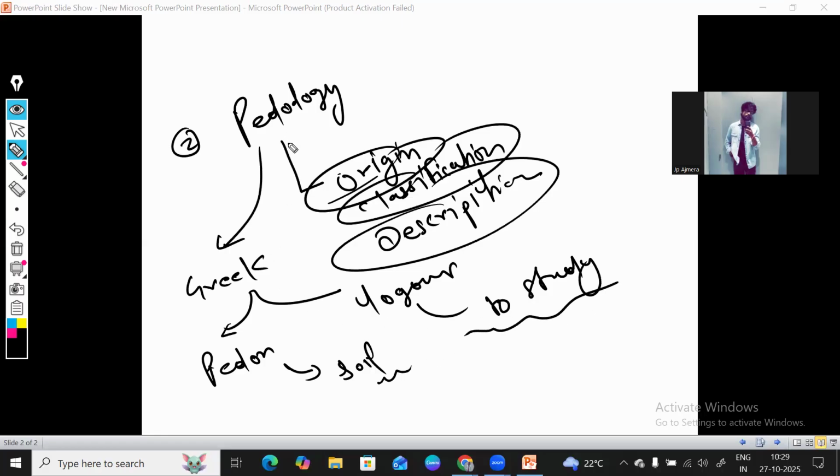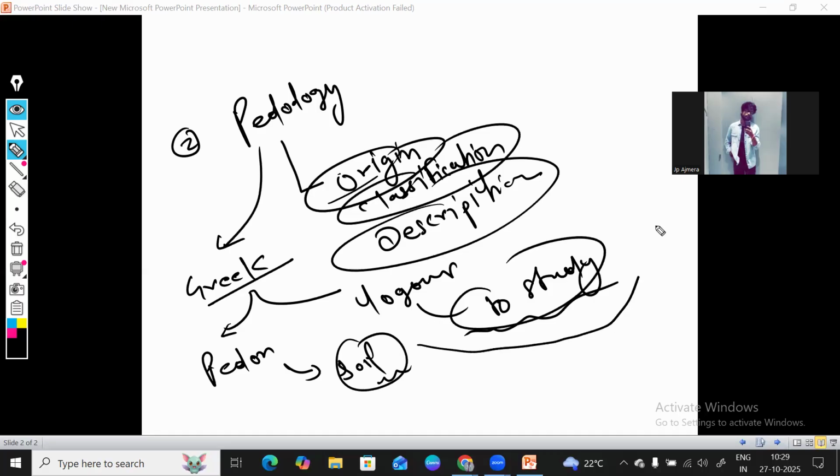When we talk about soil in relation to origin, classification, and description, that goes to pedology. It is the same as edaphology, but the reference is different. The reference here is origin.